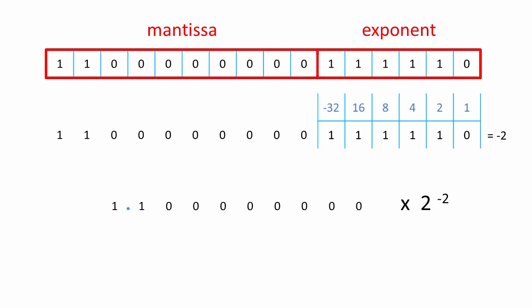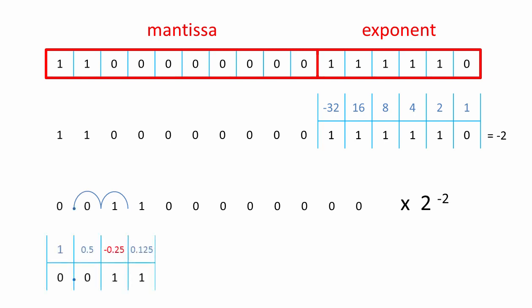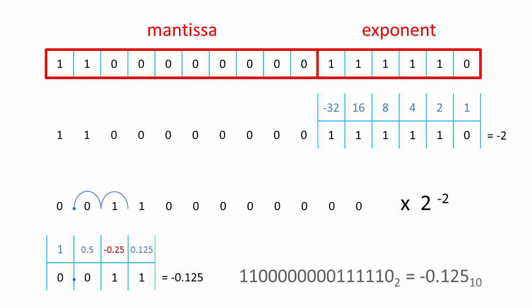Remember where the point is and float it 2 places to the left. When you convert the pure binary back into denary, remember that the leftmost one has a negative place value. So we have -0.25 plus 0.125, which gives us -0.125.